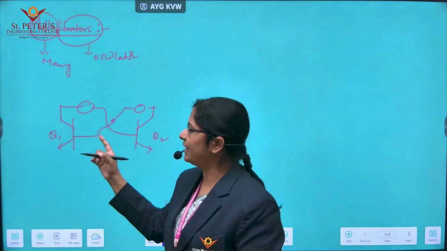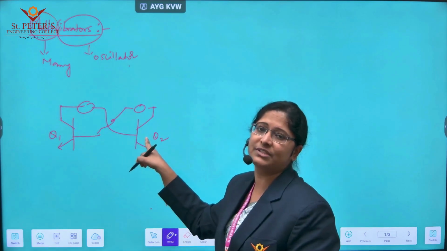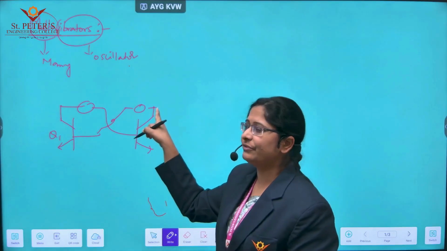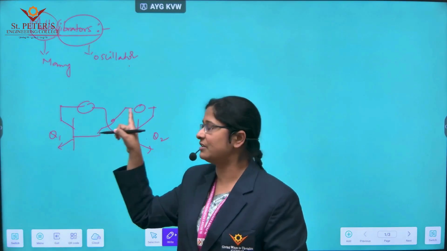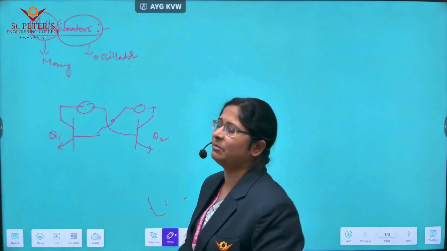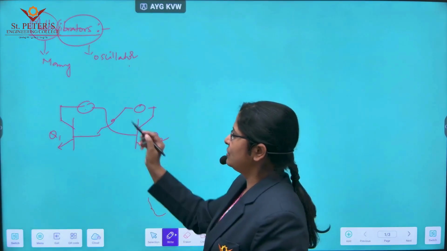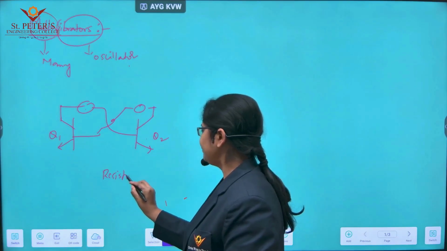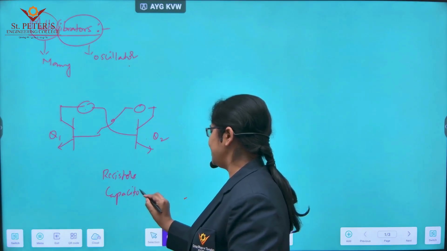The cross coupled connection means the output of the first transistor is connected back to the input of the second transistor through some coupling element, and the output of the second transistor is connected back to the input of the first transistor through the coupling element. So here, based on these two coupling elements, our multivibrators are classified into different types. The coupling elements can be resistors and capacitors.